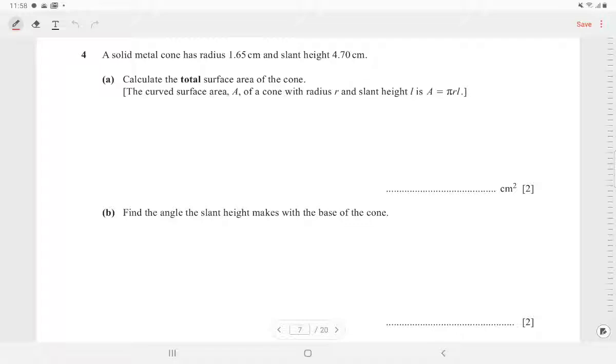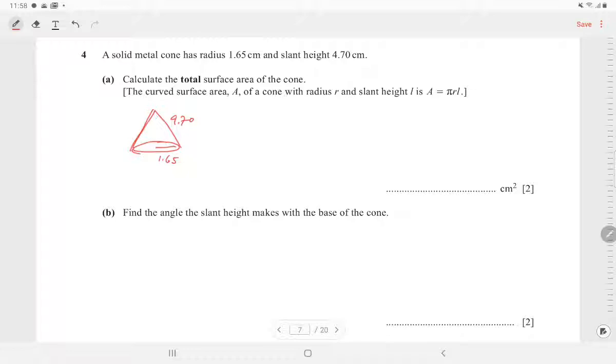A solid metal cone has a radius and a slant height. Okay, so I will draw the cone. So the radius here is 1.65 and the slant height is 4.70. Calculate the total surface area.